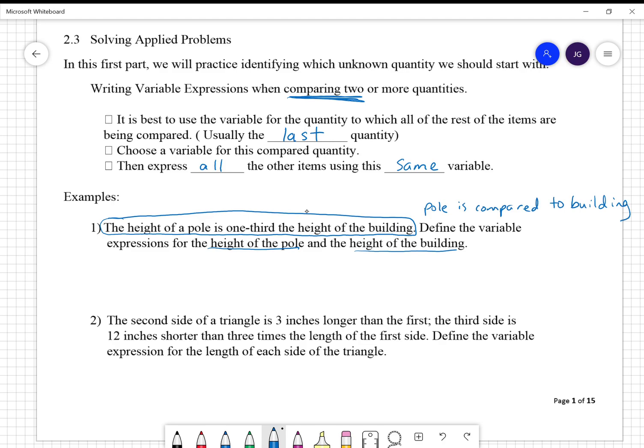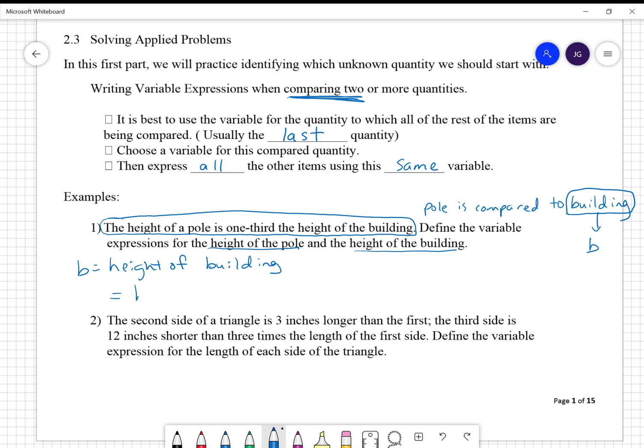Okay, the variable is going to be picked for the quantity to which everything else is being compared. So building is my X. In this case, I'm going to use B. B equals height of building.